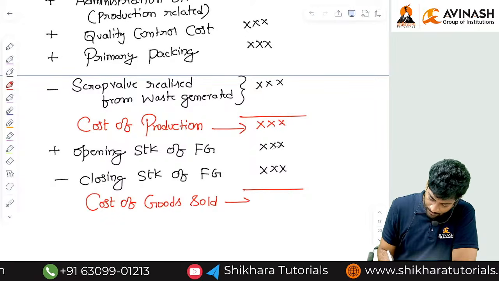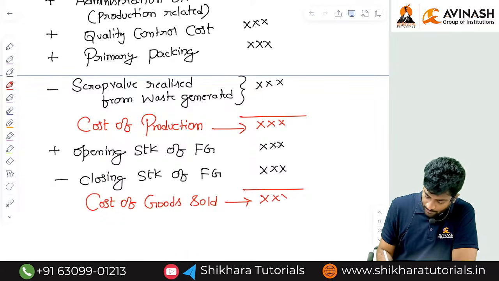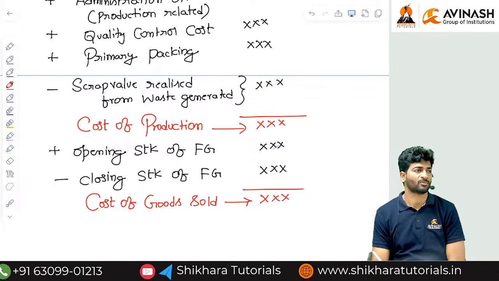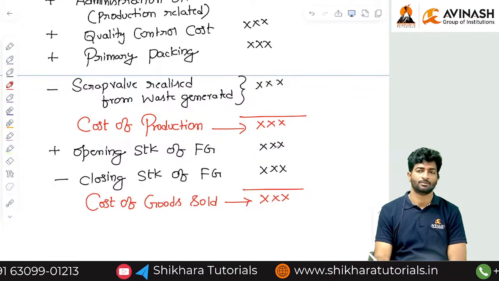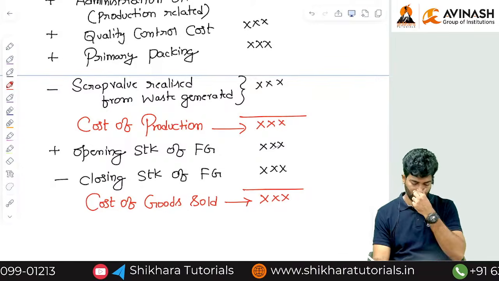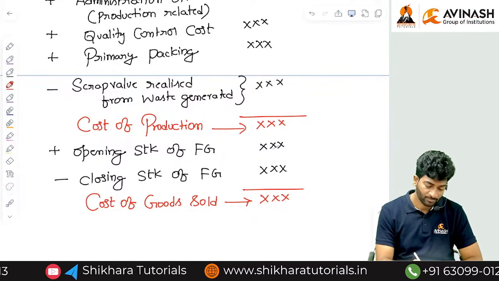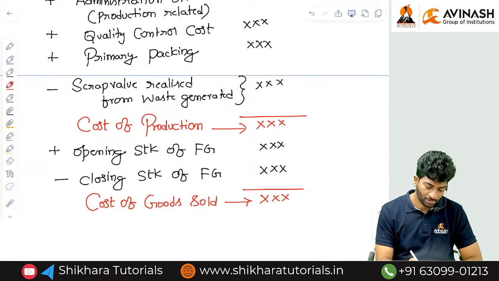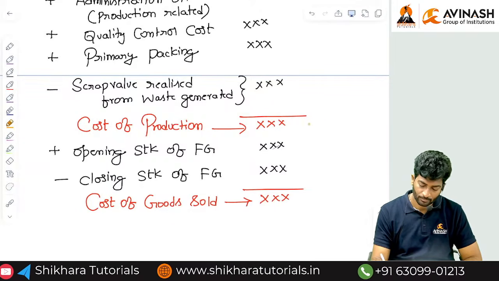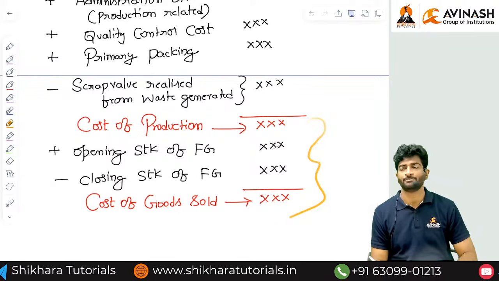Cost of goods sold. Again, someone please explain these 4 lines from cost of production to cost of goods sold.